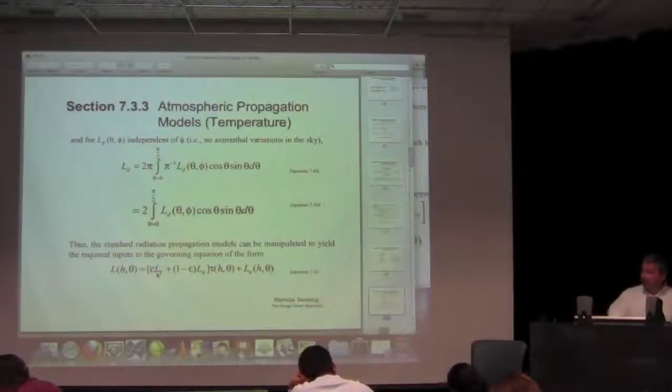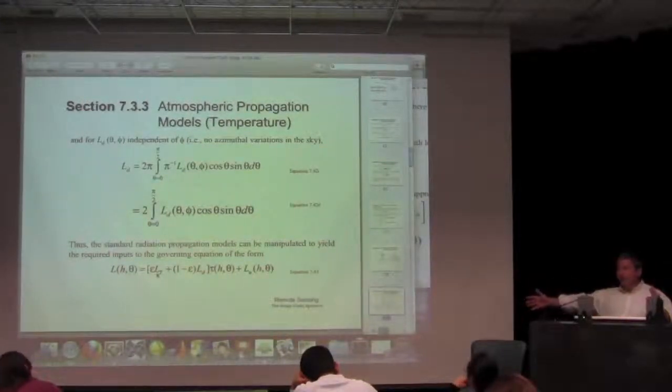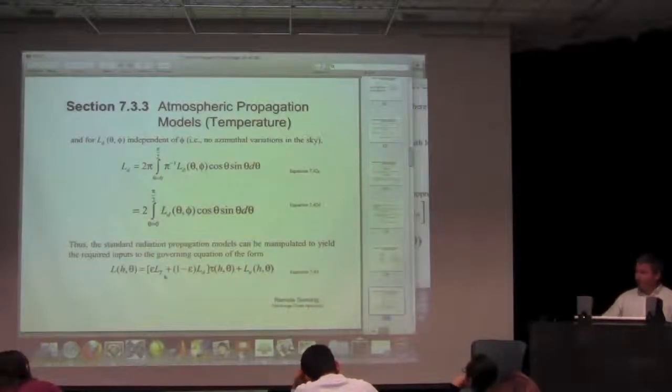Invert the Planck black body equation and you have the temperature for your target. So again, the concept is, you make a measurement at your sensor, you have to know everything else that's going on in that propagation equation to come up with the one observable that you really want. And that's probably the temperature of your target.